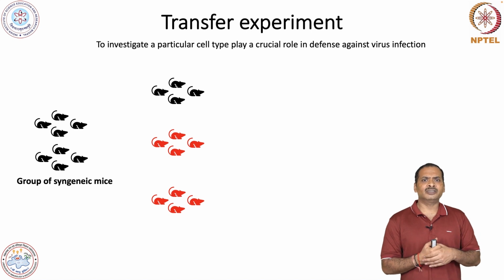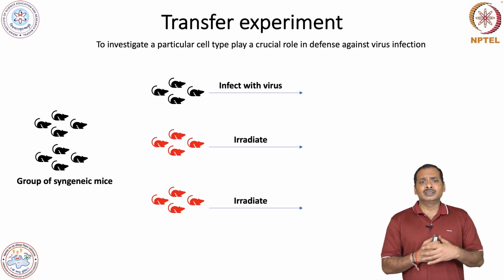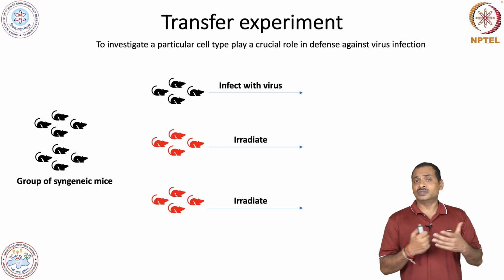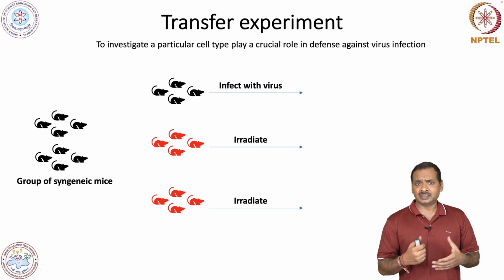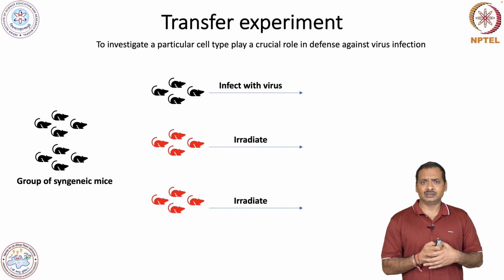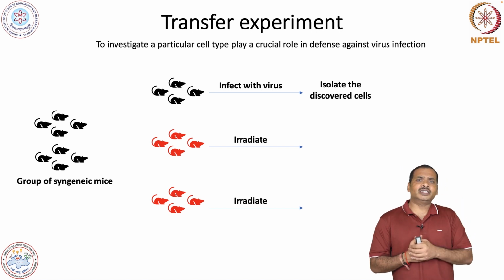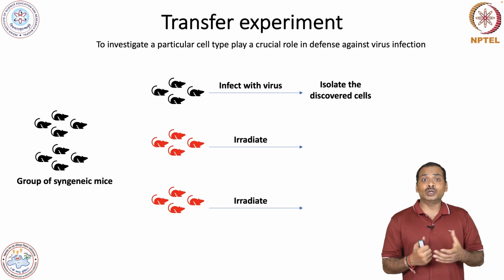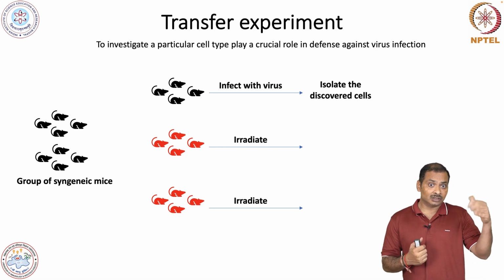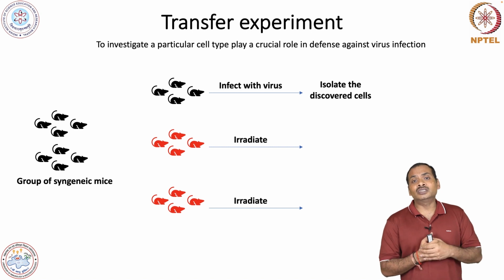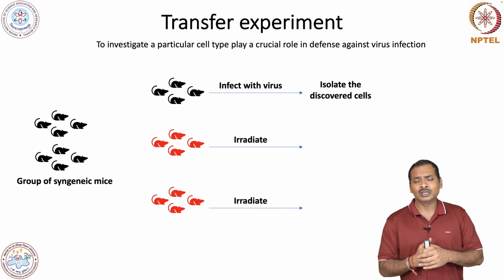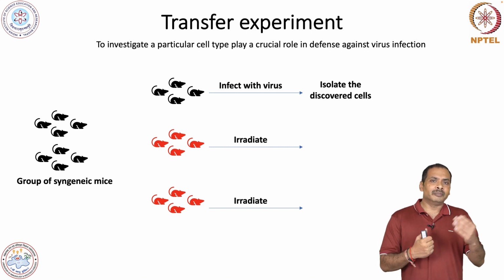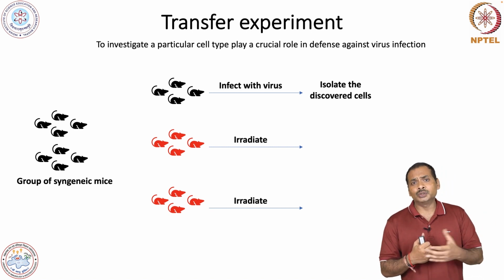For example, here I have made 3 groups, and in one group you can infect with virus, and the other 2 groups you can irradiate with X-ray, okay, with 950 rad.